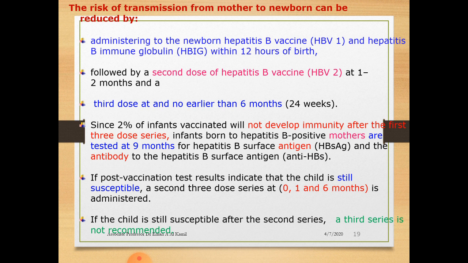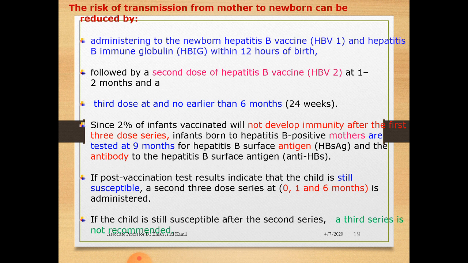Then it has been estimated that 2% of infants vaccinated will not develop immunity after this first 3-dose series. So, for infants of a hepatitis B positive carrier mother, the baby should be tested at the age of 9 months for the hepatitis B surface antigen and antibody.